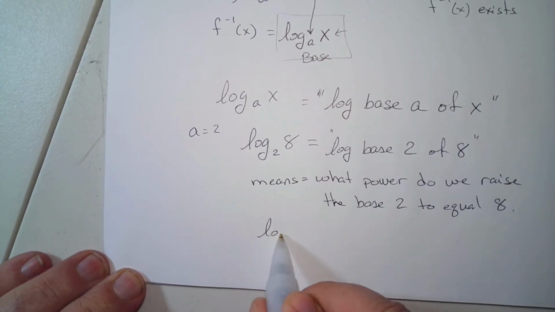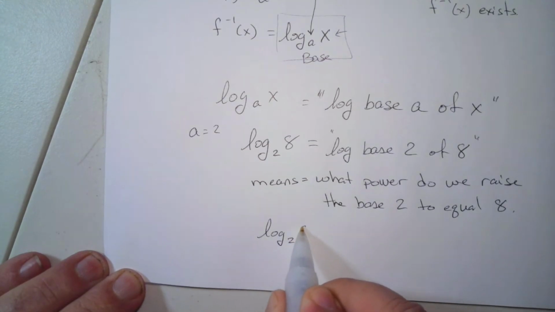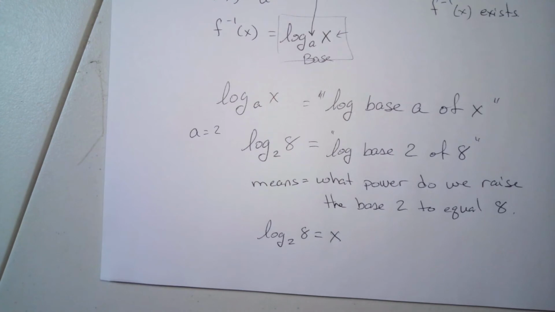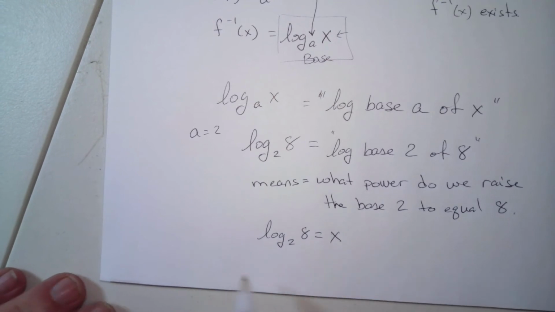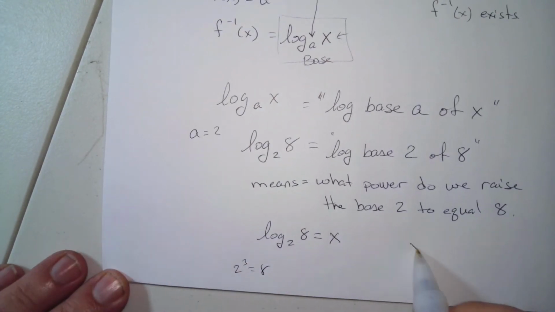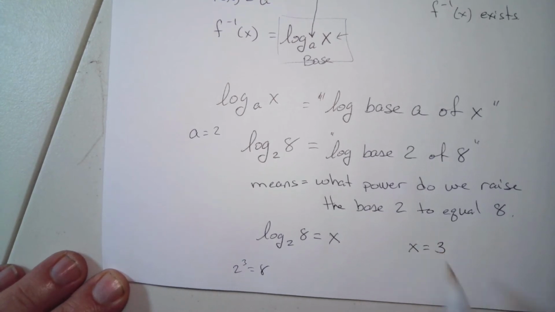So log base 2 of 8 equals some number. We don't know what it is. And we're going to learn that to figure this out, we know that it's going to be 3, because 2 to the power 3 is 8. So we're going to know that x equals 3.